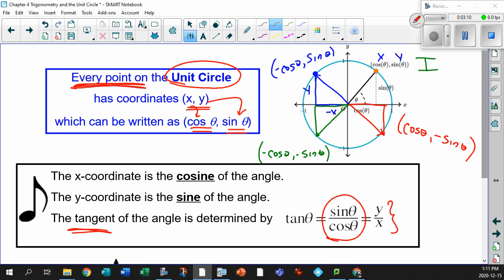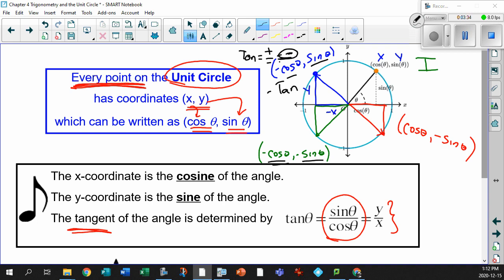How do we remember this then? Just before we do this, think about the tangent ratios out here. Tangent is sine over cosine. If this is positive and this is negative, you've got a positive over a negative, which makes tan out here negative. So I'm going to put down negative tan out here. Take a look at this one.